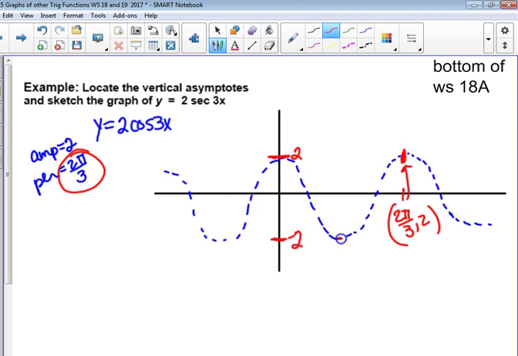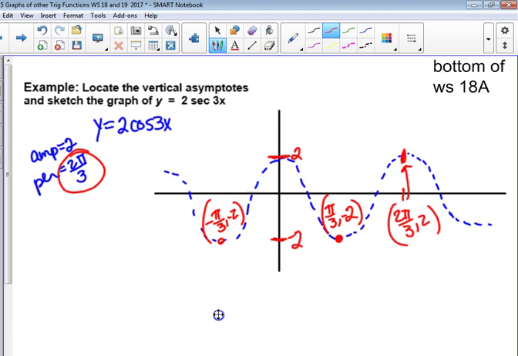And where's this min down here at? Halfway to 2 pi over 3 would be 1 pi over 3. Everybody okay? So this would also be a negative pi over 3, negative 2. You don't have to do that one if you don't want to. Okay.